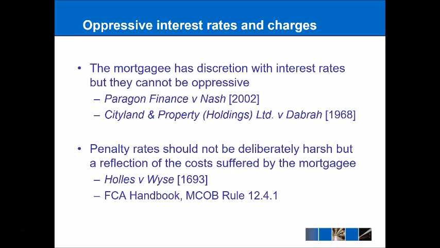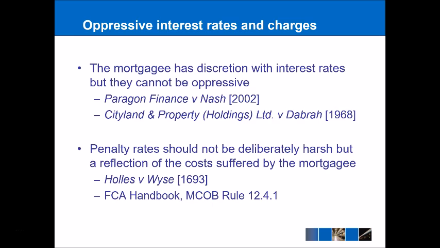So a good example of this is Paragon Finance and Nash, where the interest rate was variable and could be set by the mortgagee. Now, the mortgagee during the lifetime of this particular mortgage was relatively reasonable with how they adjusted the interest rates. And so the court said, well, okay, you might consider it unfair, but you've signed up to this and it's not unconscionable, so we're going to allow it to stand.